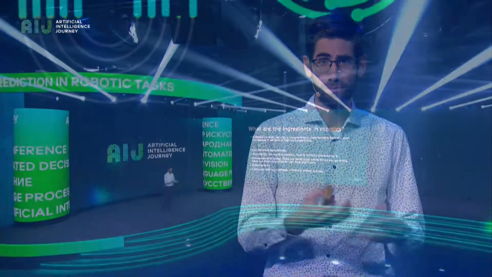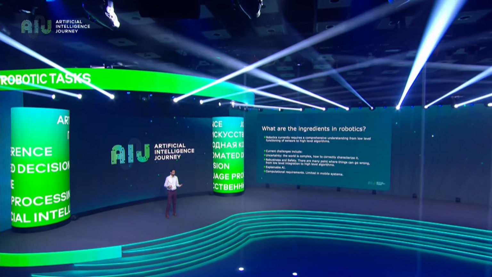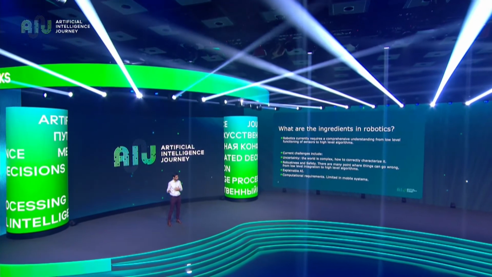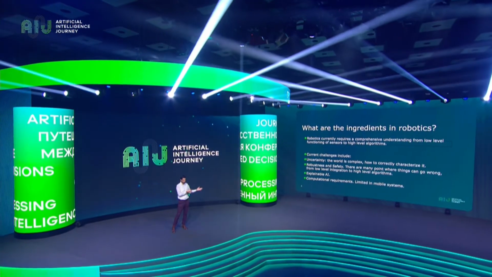Second very important topic is about robustness and safety, right? There's many points where things can go wrong. Imagine you have a navigating robot. You don't want to collide with people. If you don't have a robust algorithm, this could happen because of several reasons. Maybe the robot thinks that it is in a different place from where it actually is, right?